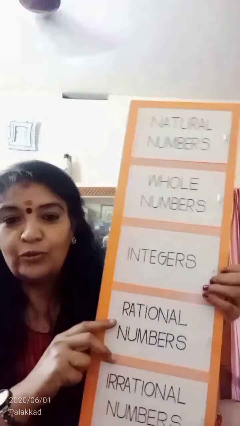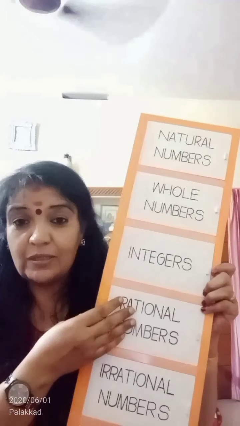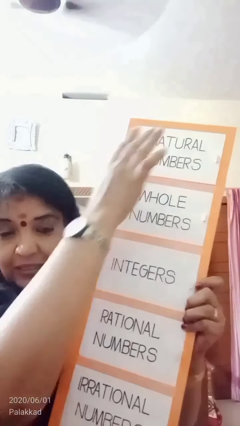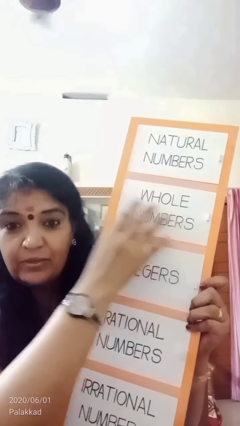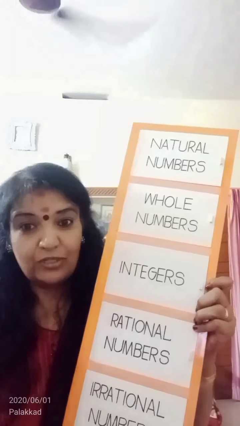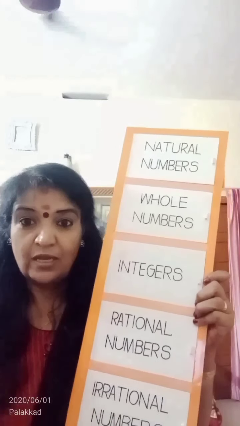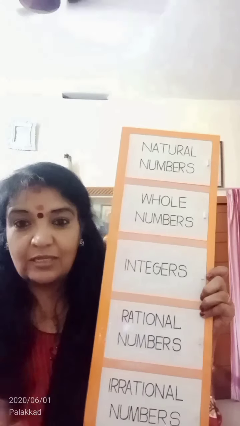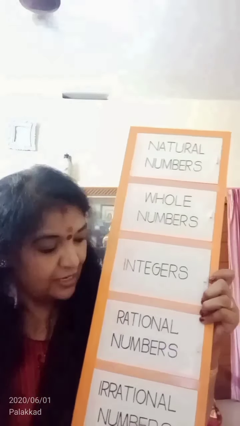Next, move to rational numbers. A rational number is a big box. It contains natural numbers, whole numbers, integers. That means 0 is there, negative numbers, positive numbers. Other than this, some additional numbers are there, that is our fractions and decimals.